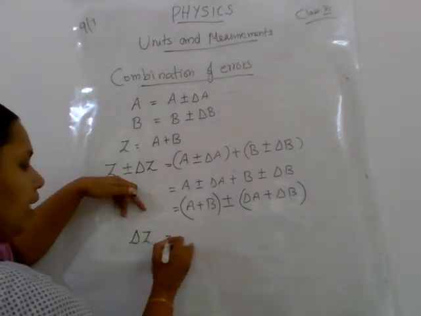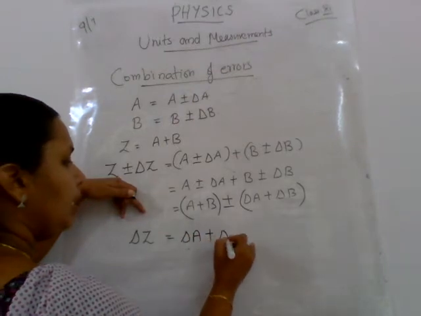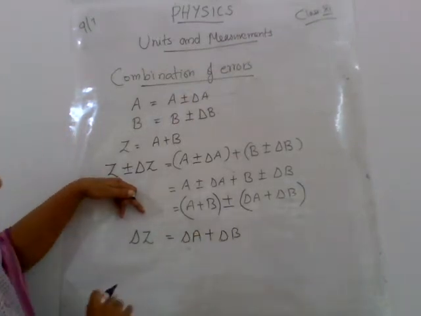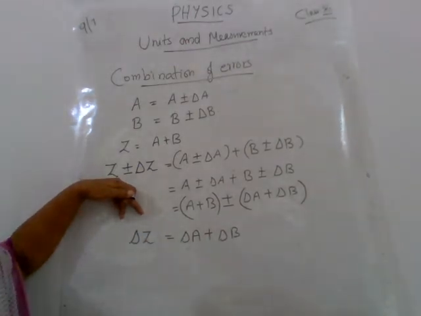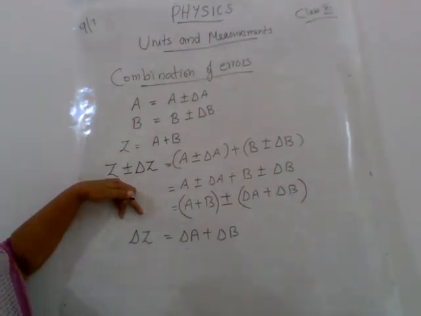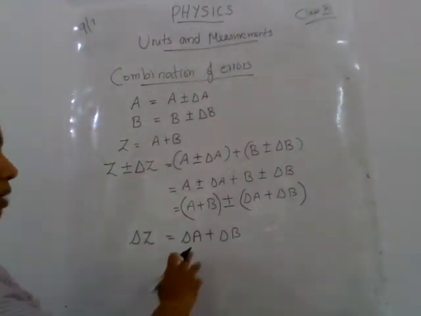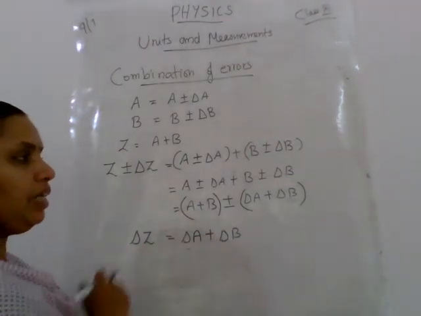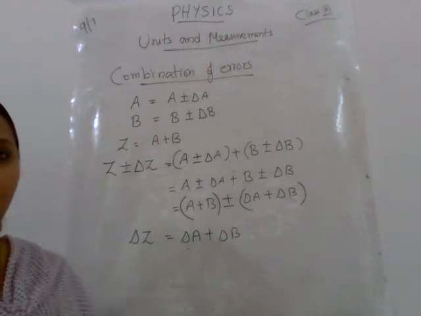The resultant error will be the sum of the individual errors. So while adding two physical quantities, the error in the resultant quantity will be equal to the sum of the individual errors. So that is the first result.